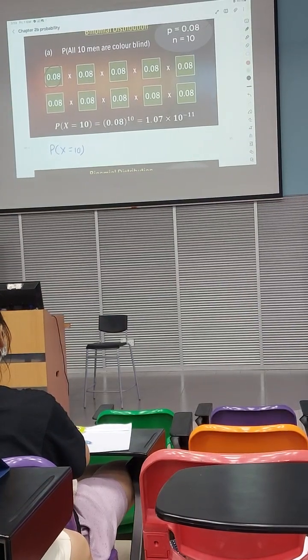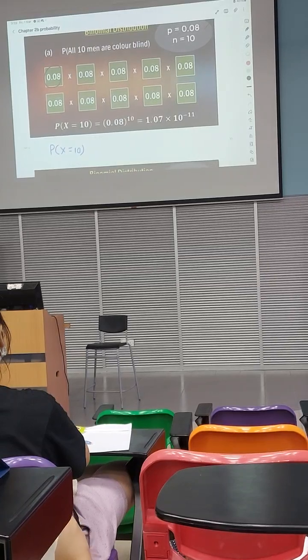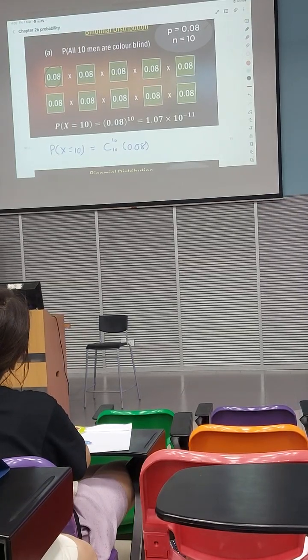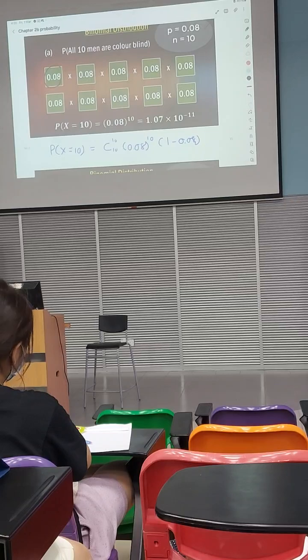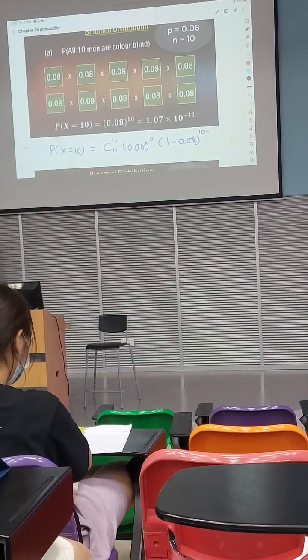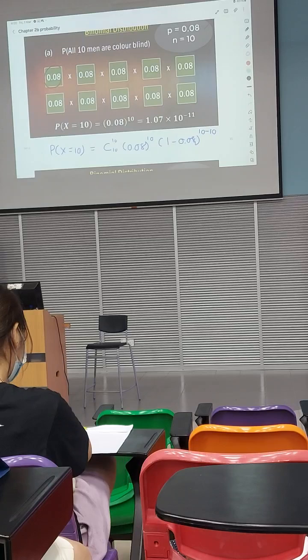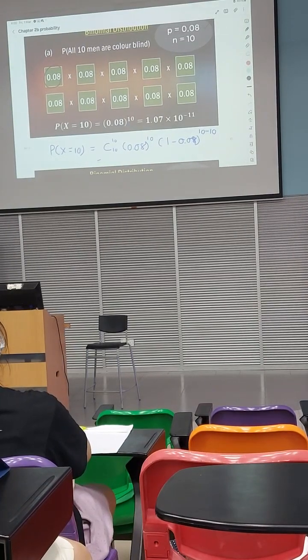Understand? Following the equation, it is 10 choose 10, then p is 0.08 to the power of x, which is 10, times 1 minus 0.08, to the power of n minus x. Hence, you will get the same answer.